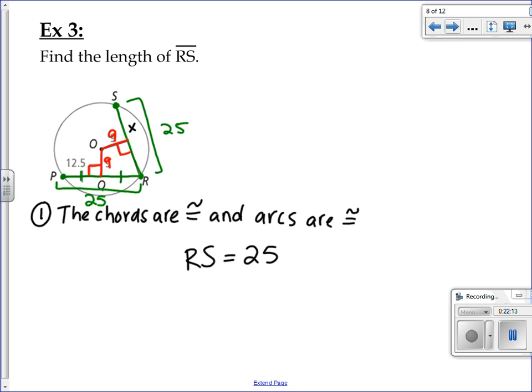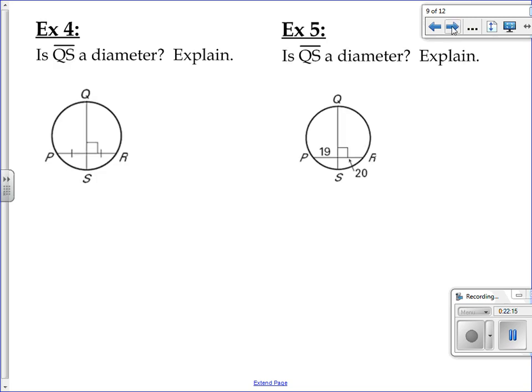All right, moving on to example 4. Example 4 is asking, is QS a diameter? And we need to explain. So again, let's analyze what we've been given. So we have a chord, PR, and it is perpendicular to the center, and it's been bisected. Okay.